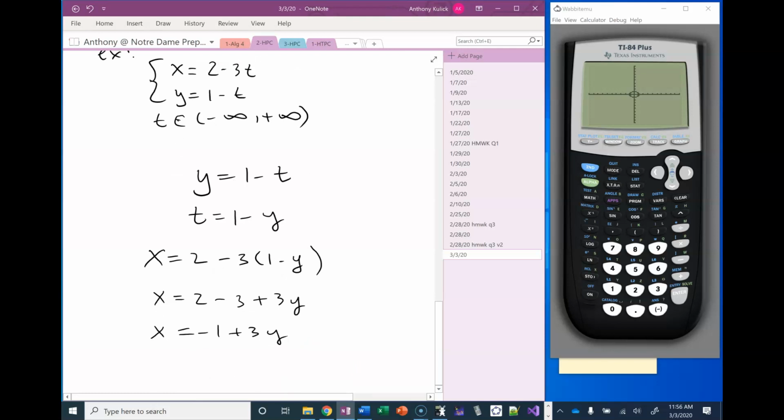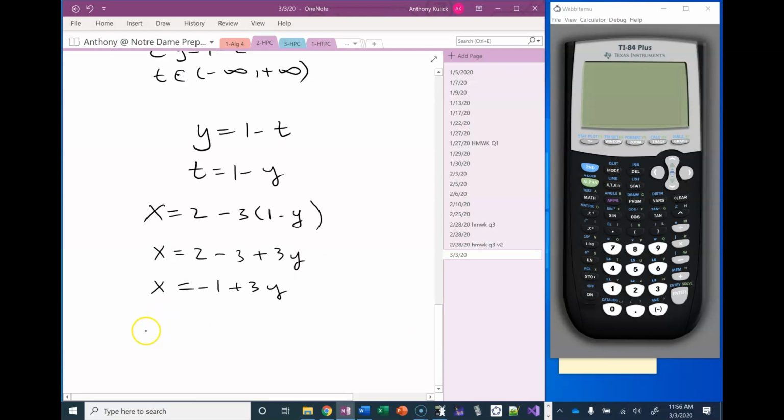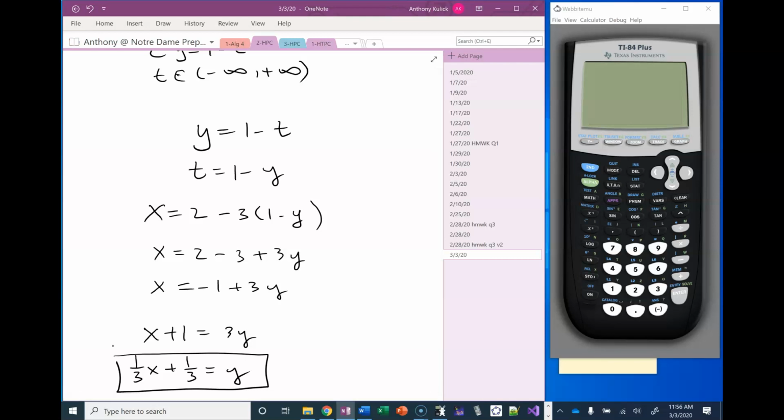Is that the form that we usually represent a function in Cartesian land? Is that the way we usually write our functions? x equals yada, yada, yada? No, right? Which variable usually comes first? We usually want the y by itself. So that's easy enough to do. I'll just rearrange things a little bit. I'll add 1 to both sides and then divide both sides by 3. So my Cartesian form would be y equals 1/3 x plus 1/3.